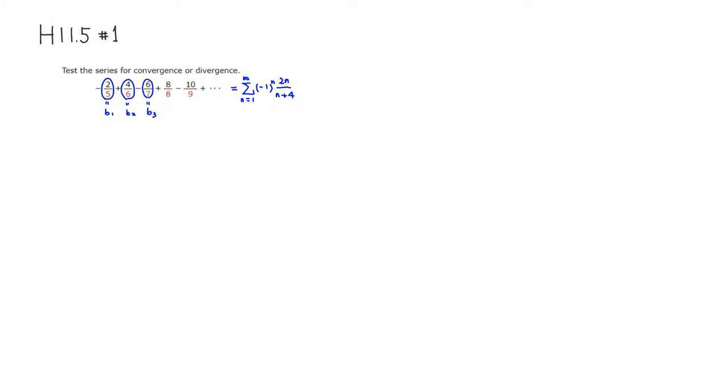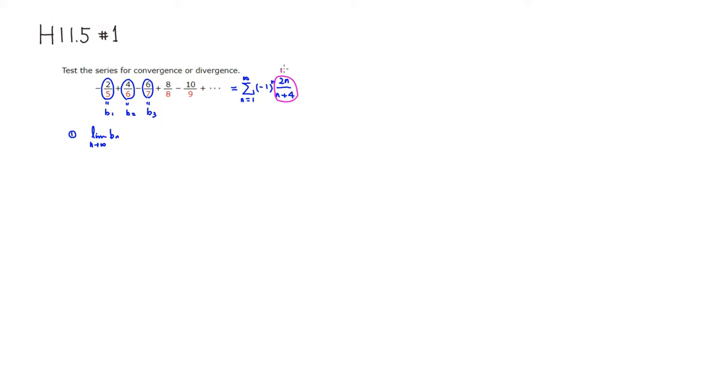What I'm going to do is look at the second condition first, because it's fairly easy to check. You have the limit of bn as n approaches infinity. bn is this guy right here.